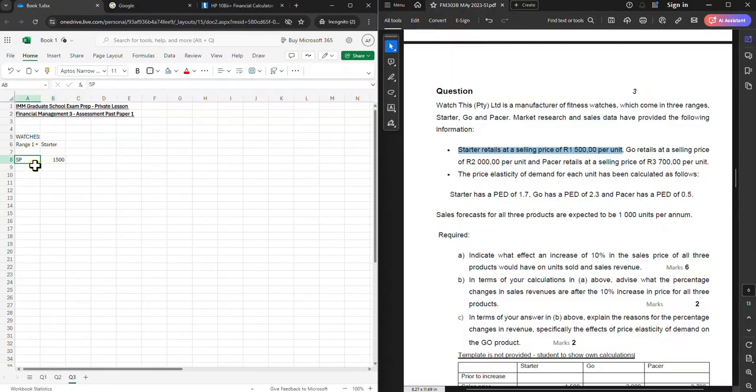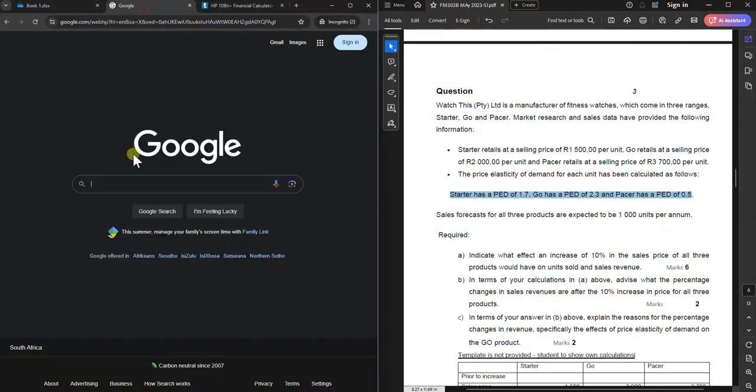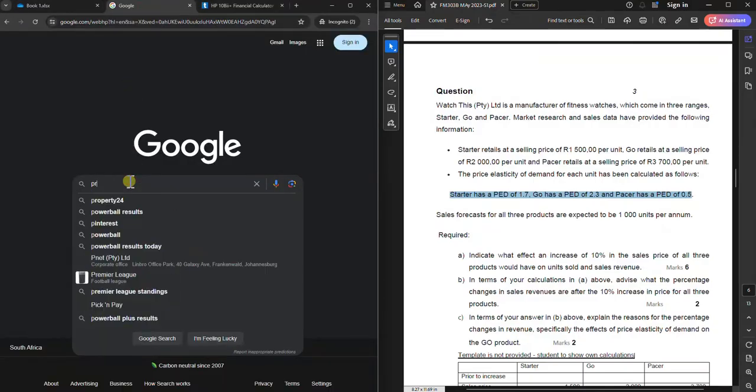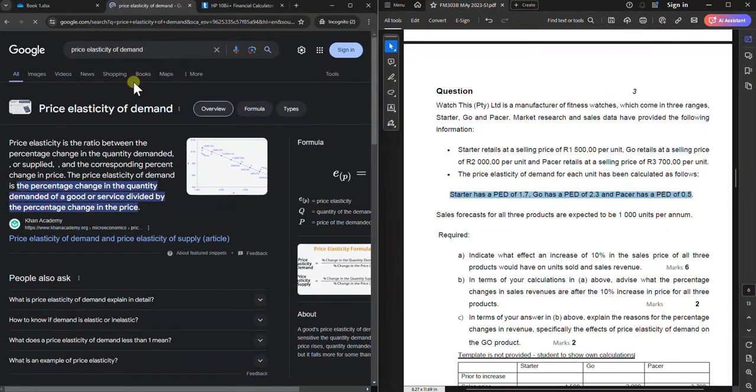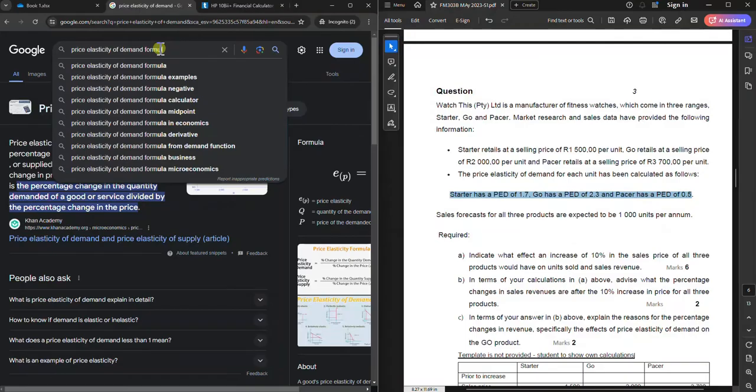Yes. Okay. Price elasticity of demand for each unit has been calculated as follows. So you need an equation. Do you have an equation for the price elasticity of demand? You should have that in your textbook somewhere. Yeah, it is. PED is the percentage change in quantity over the percentage change in price.